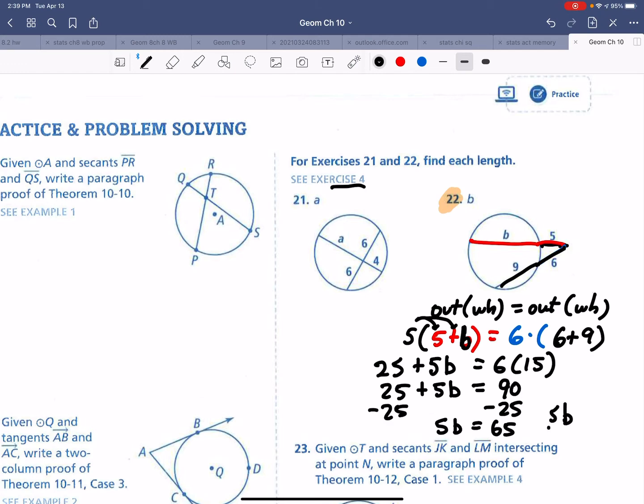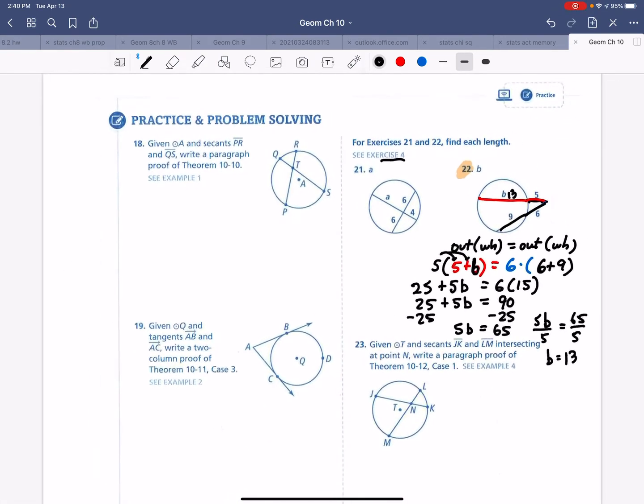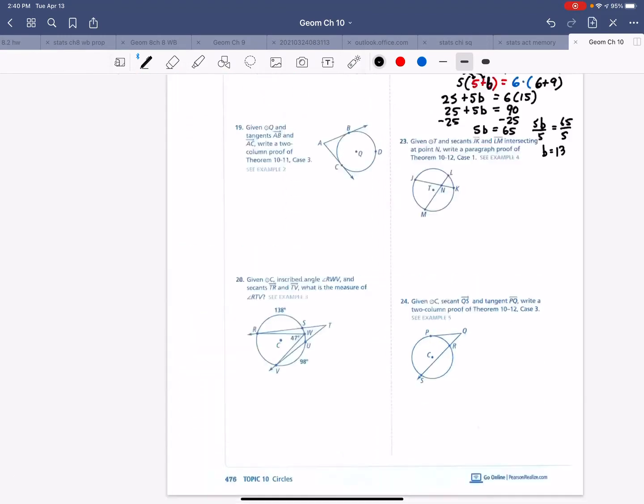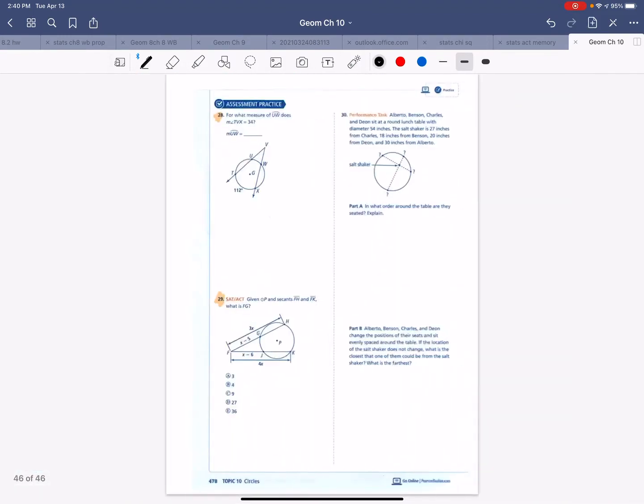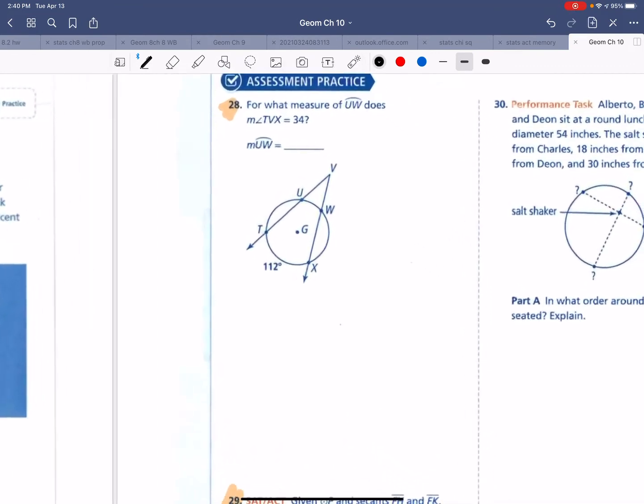So 5b divided by 5, 65 divided by 5, we get 13. Nice. All right, didn't assign a whole lot of questions. The last 2 questions, let's take a look.